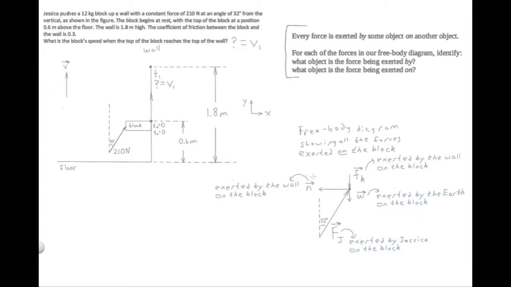A surface like a wall can exert both a normal force and a frictional force. The normal force is the force that the surface exerts perpendicular to the surface, and the frictional force is the force that the surface exerts parallel to the surface.